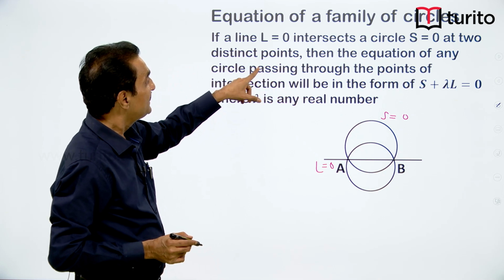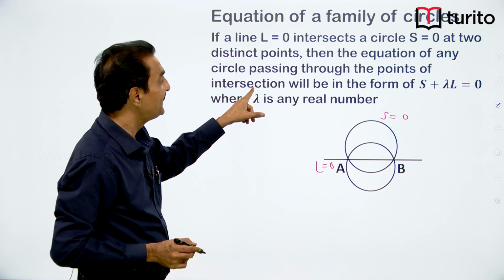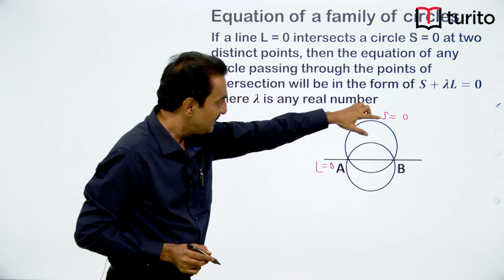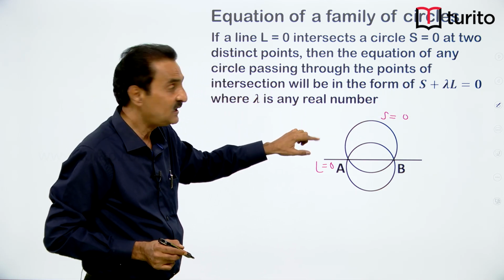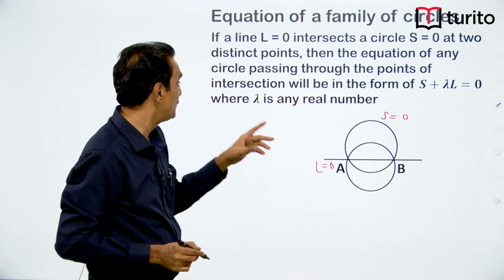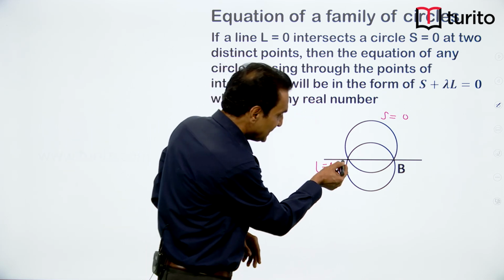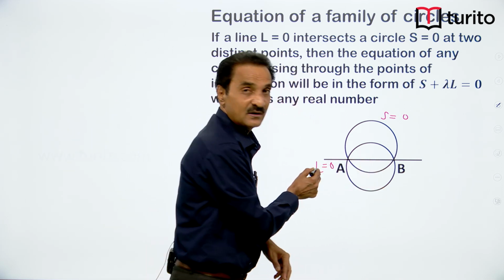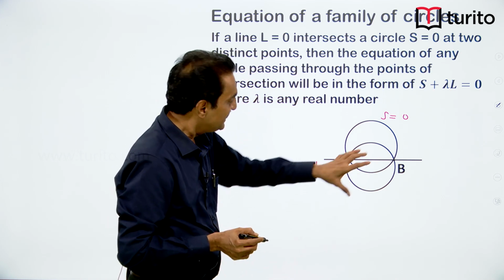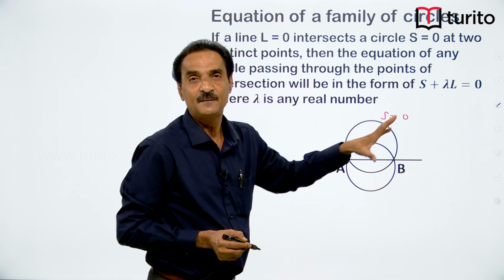Then the equation of any circle passing through the points of intersection of the circle S and line L will be in the form of S plus lambda L is equal to 0 for any real value of lambda. So, consider this circle, it passes through the two intersection points A and B, then the equation of this circle will be in this form for some value of lambda.